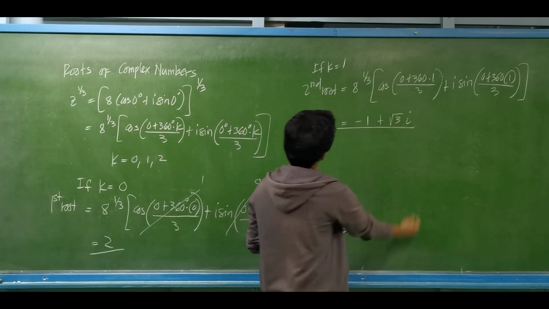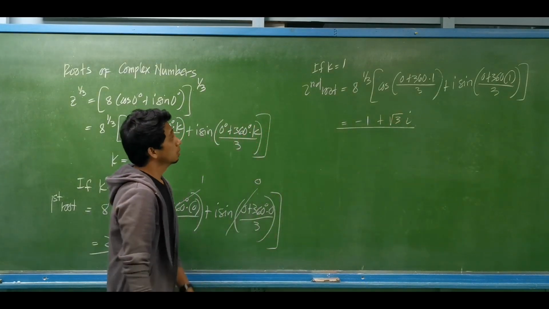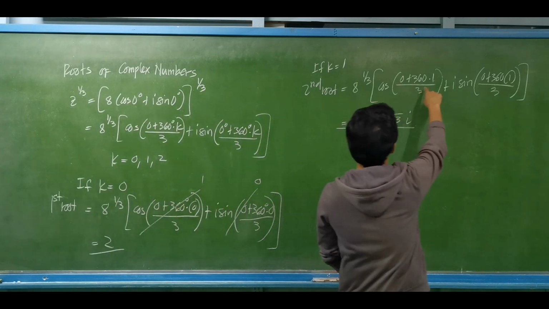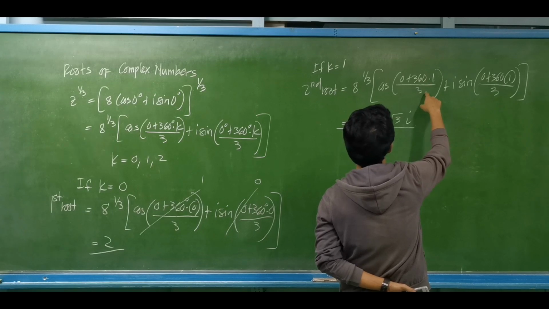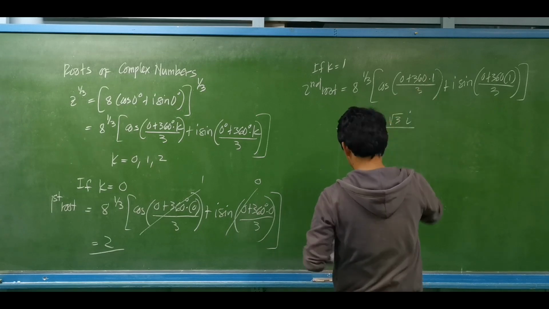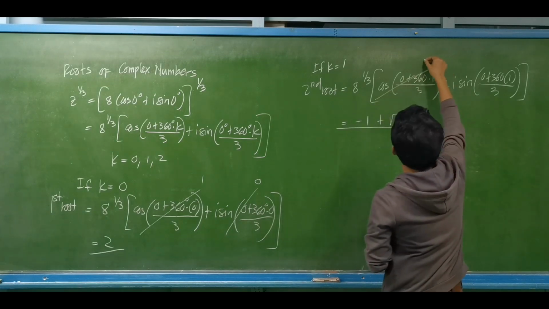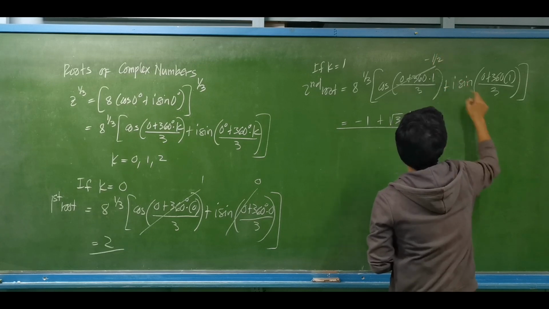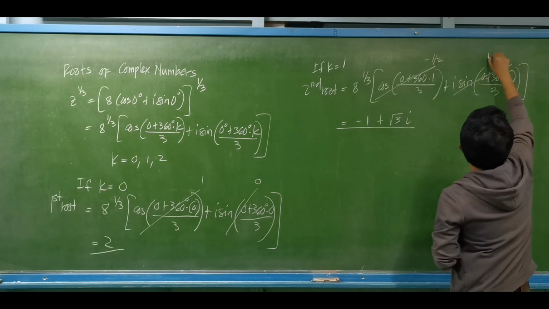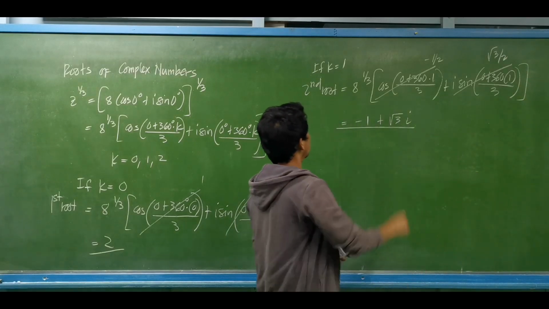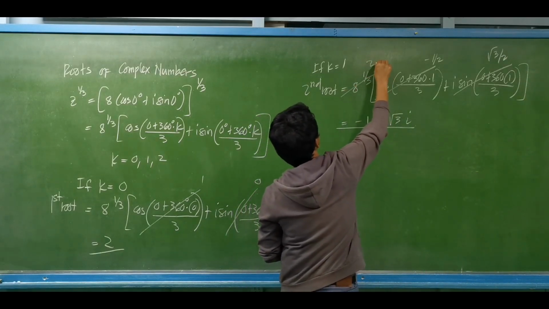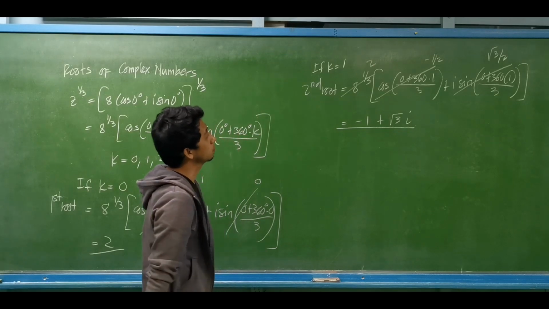This is the second root: negative 1 plus the square root of 3 i.